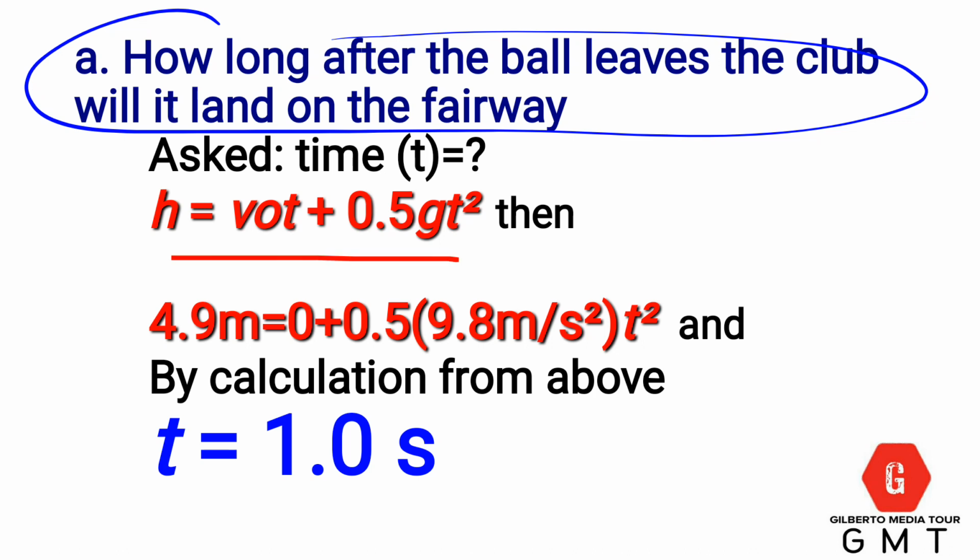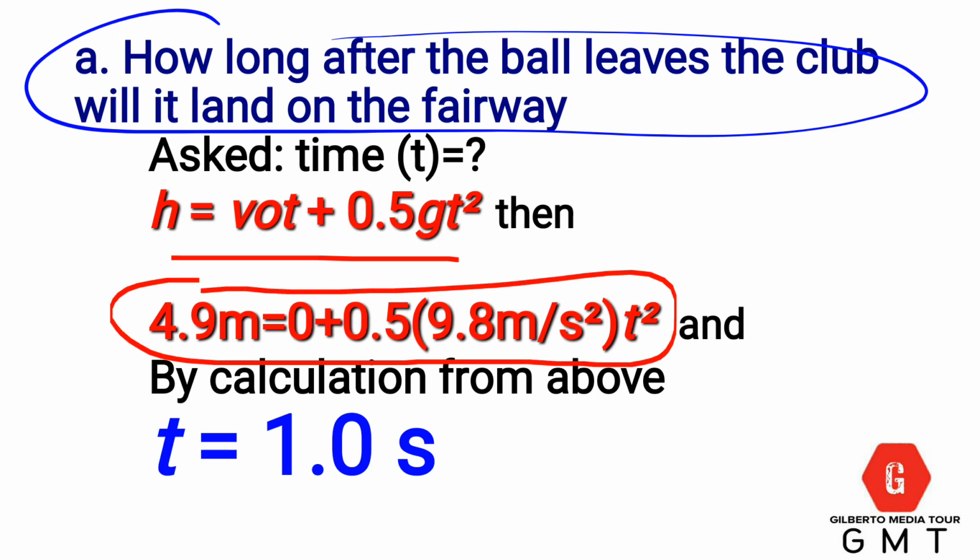So by following this formula, height equals Vt plus 1/2 Gt squared. We have all the values, so by calculation you can get the time used to reach the ground, which equals 1 second.